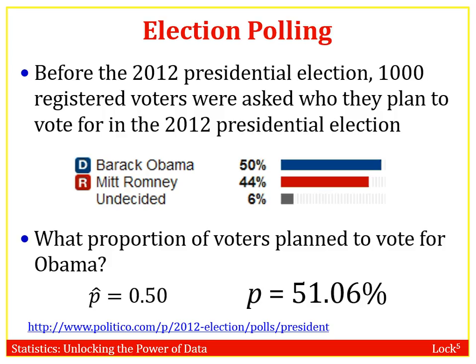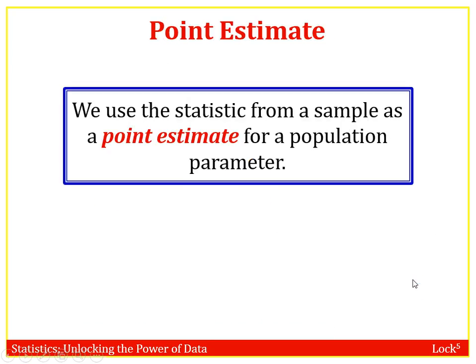In reality, for that situation, the proportion of your population was 51.06%. So we use statistics from a sample as a point estimate to estimate something about our population parameter.